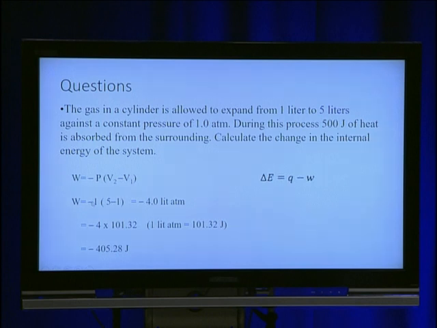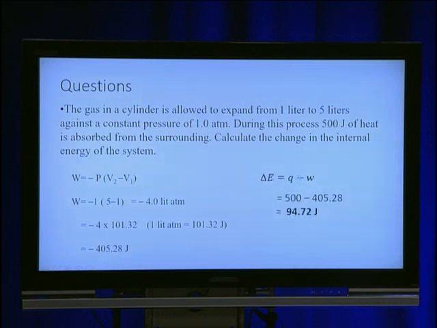So we have a constant pressure of 1 atm, final volume, initial volume. That's what we get, work done minus 4.0 liter atm. The minus indicates it's a work of expansion. Then we convert this into joule, and that's what we get as the work done, minus 405.28 joules. Now from here let's calculate the internal energy.